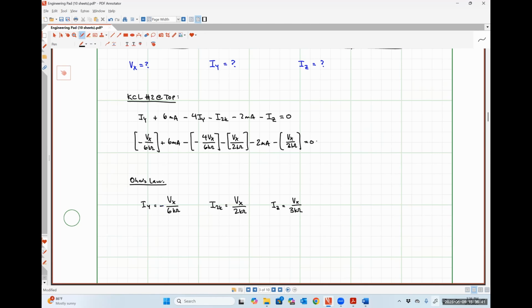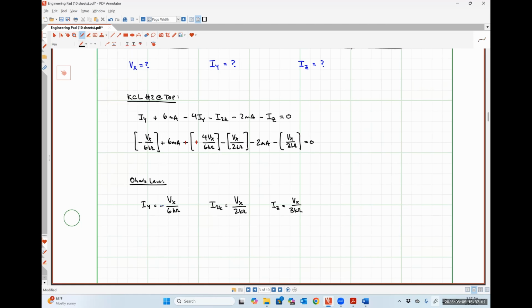So let me think about this just really quickly for simplicity's sake. Let's see here. This minus sign and this minus sign cancel each other out.